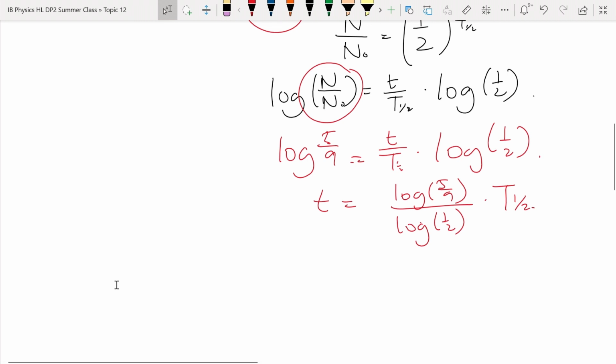The actual calculation I'll leave to you. You can use your calculators. You should get an answer that is approximately 3.8 times 10 to the 9th years.